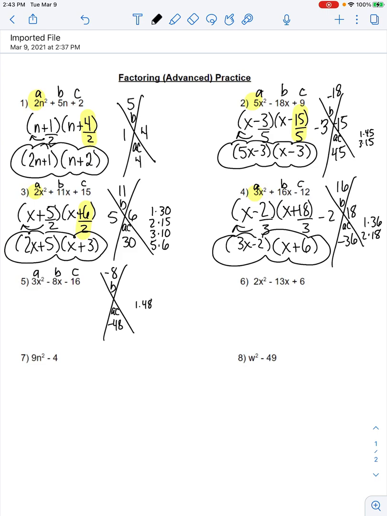We have 1 times 48, 2 times 24, 3 times 16, 4 times 12, and 12 and 4, that's going to give me the 8 that I need. So I'm going to use 4 and 12. 4 minus 12 will give me negative 8, and 4 times negative 12 will give me negative 48. So my factors are x.